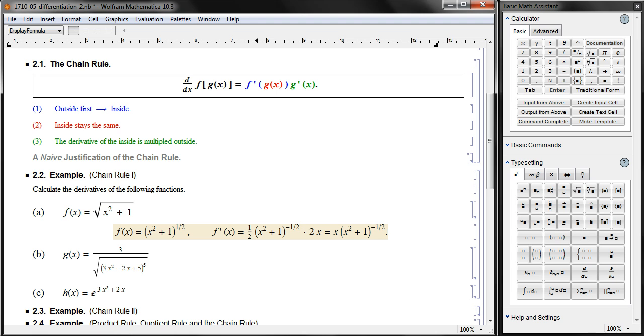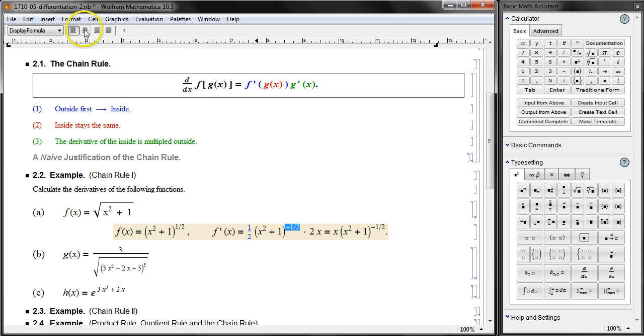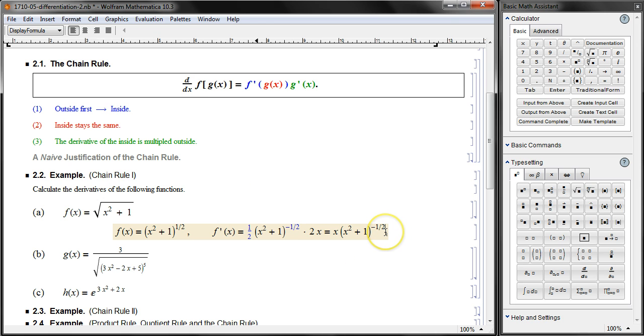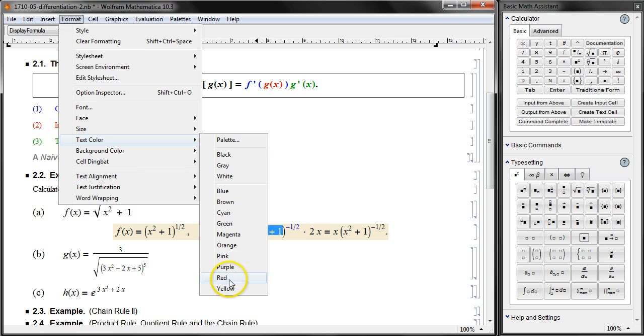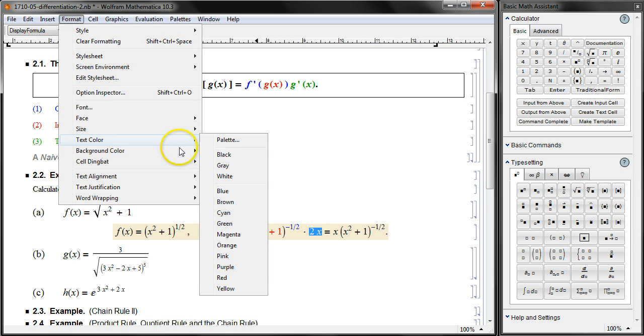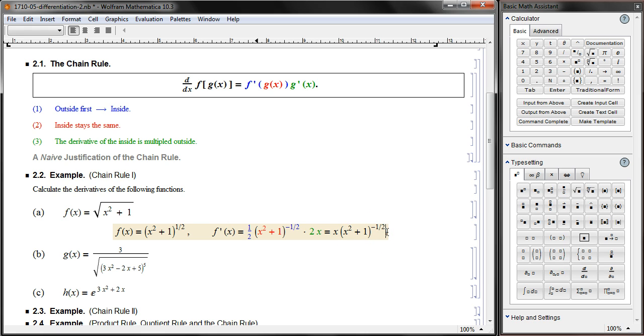Now let's go back and do some color coding here, because especially early on that really helps. The blue part is the derivative of the outer function, and then the red part, inside stays the same, and then the chain part, green, and that is the structure of the chain rule.